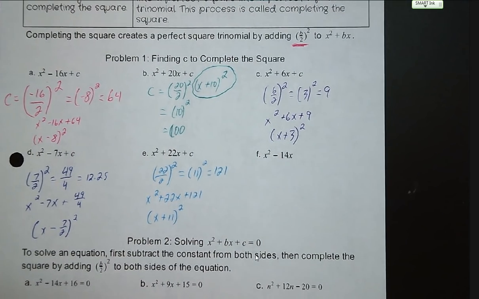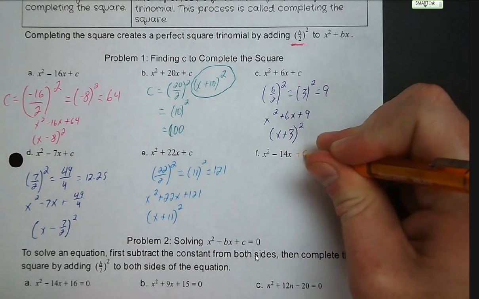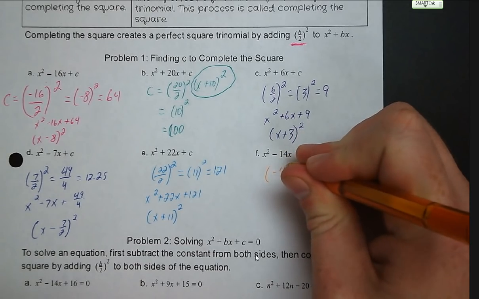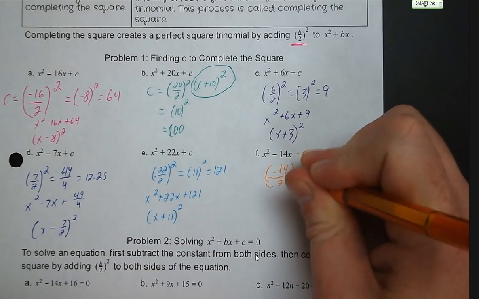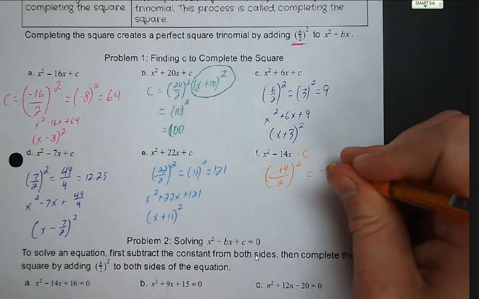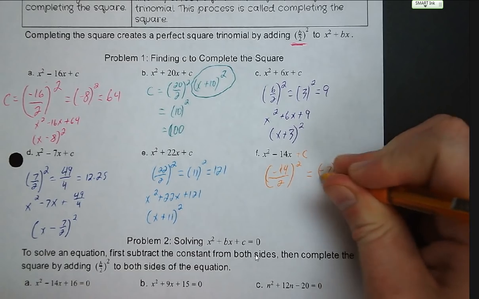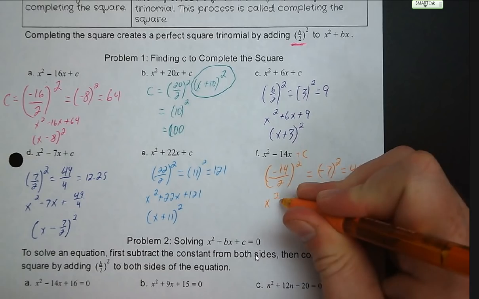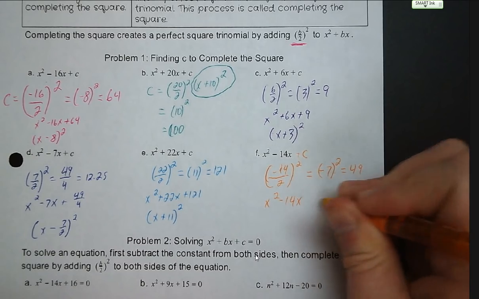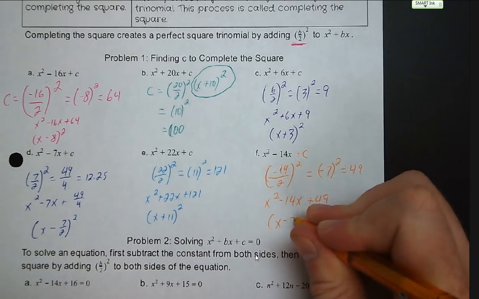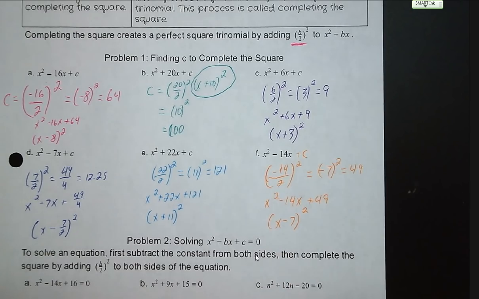Letter F, I forgot the plus c there, so we'll just add it right in. So we have negative 14 over 2, the quantity squared. Negative 14 divided by 2 is negative 7, the quantity squared, which is 49. So x squared minus 14x plus 49. And when we factor, it's x minus 7, the quantity squared.